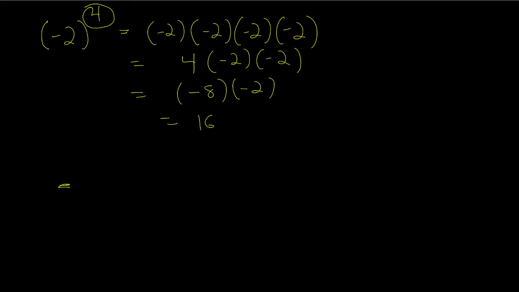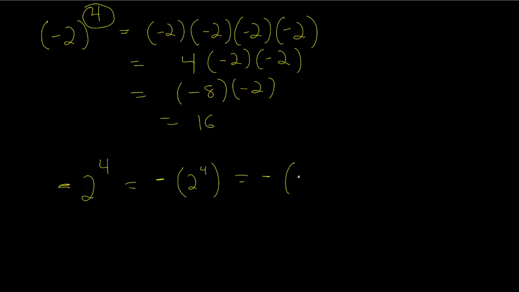Now, a thing we want to note, though, and this is really important with powers, is all my alarms are going off. The thing with powers is they're attached immediately to the number they're on. And so without the parentheses, this negative sign is not attached to the power. So this is like negative of 2 to the 4th. We do the 2 to the 4th first.